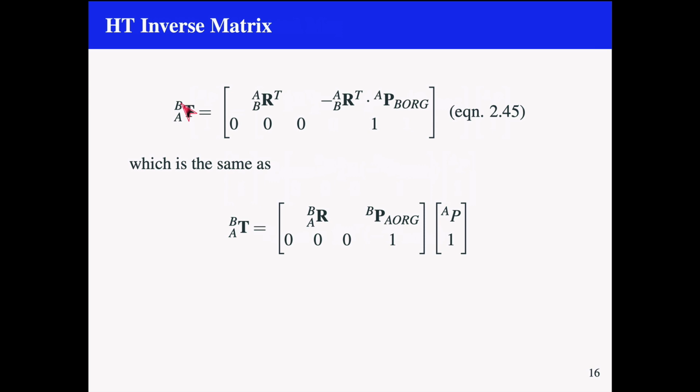The inverse of an HT matrix, or TBA, is RAB transpose and then a negative RAB transpose dotted with PB org A. But this is just another way of saying RBA, and this is just another way of saying PA org B. But we're formulating it in this way because we already knew TAB, we knew this and we knew RAB, so it would be easier, instead of trying to find these things, to express it in this way. Hopefully that makes sense and is helpful.